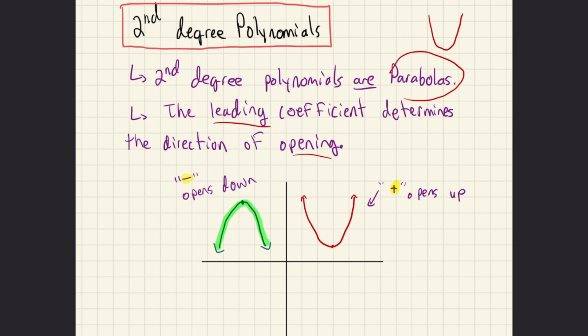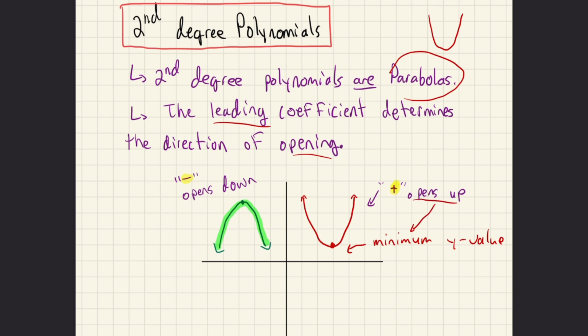Now, in terms of a maximum and a minimum value, these polynomials also have minimum and maximums depending on whether they open up or open down. If I look at this dot over here, I can see that this graph has a minimum y value. And so what we can say is that any time the graph opens up, it's going to have a minimum value.